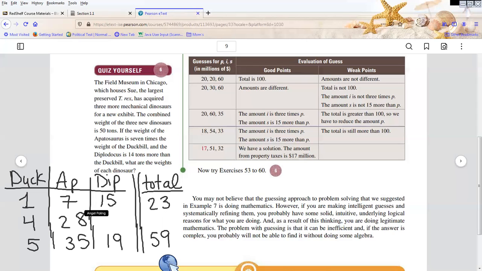And 14 plus 4 is 18. That now gets us to 30, 40, 50. Bam. So our weights are 4 for the duckbill, 28 for the Apatosaurus, and 18 for the Diplodocus. And that is tons.